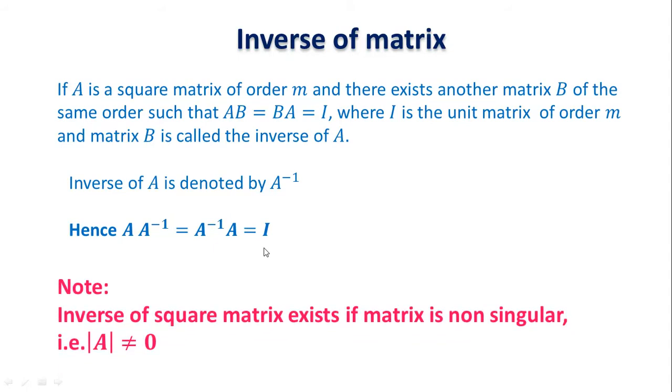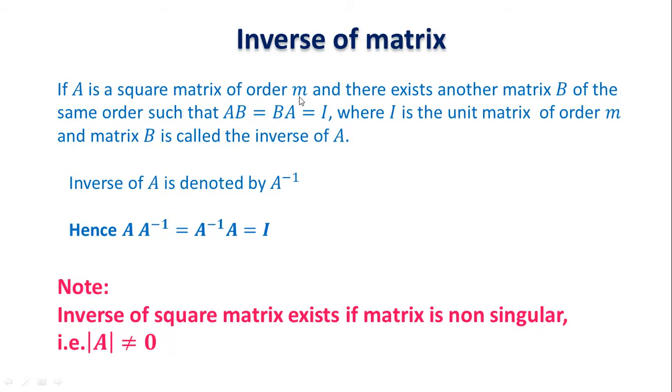Now see, when does the inverse exist? First of all, the matrix must be a square matrix, but the inverse of a square matrix exists if the matrix is non-singular. We know this type of matrix, non-singular. A square matrix is said to be non-singular when the determinant of A is not equal to 0. In the types of matrices, we have discussed this type, that is the non-singular matrix.